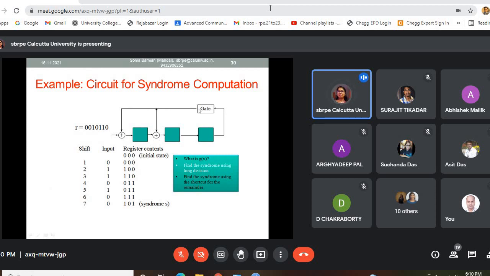So what is your consideration? The consideration is the actual register content. This register content gives you the syndrome.